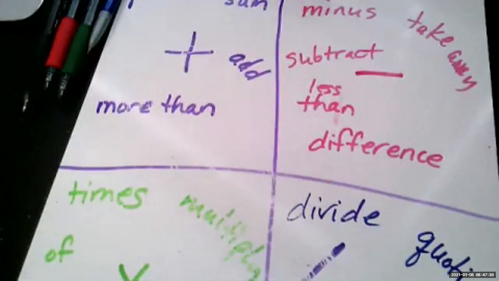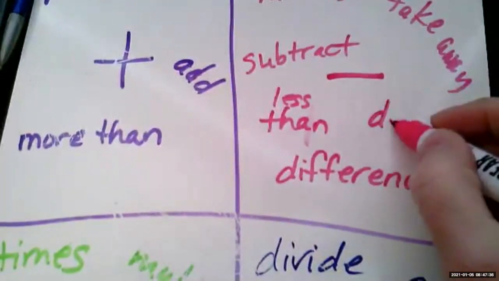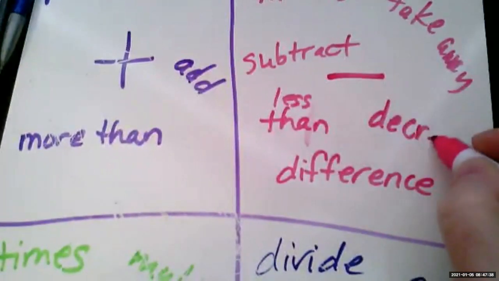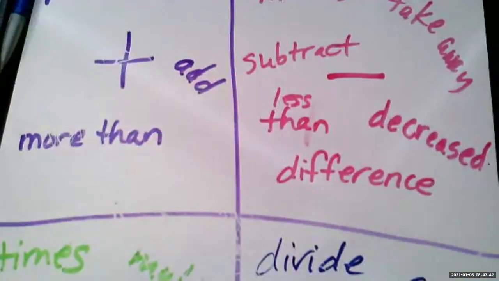Yes, decrease means less than. It means take away. It means you don't have as many as you did before. Decrease means you're subtracting. So if you have decreased for subtraction, what's a word you could use for addition? Another word that's the opposite, an antonym of decrease.